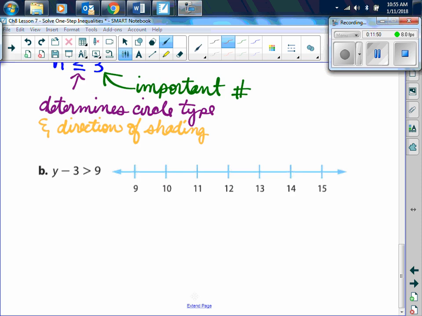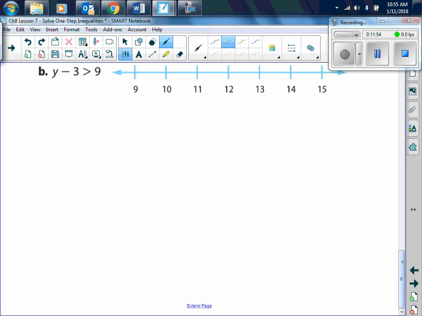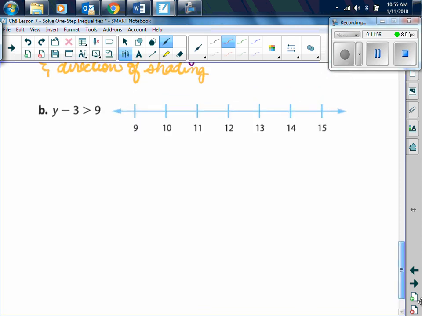All right. So for example B, let's do that one. We've got y minus 3 is greater than 9. The first thing we want to do is solve the inequality. And remember, when we solve inequalities, it's just like solving an equation. So here, how am I going to get that y by itself?